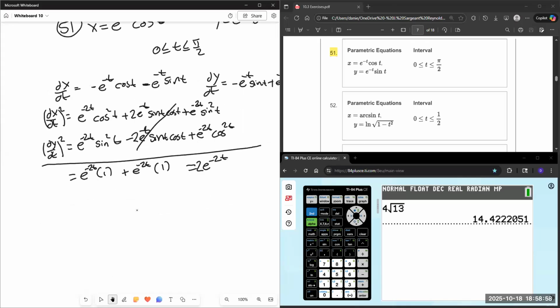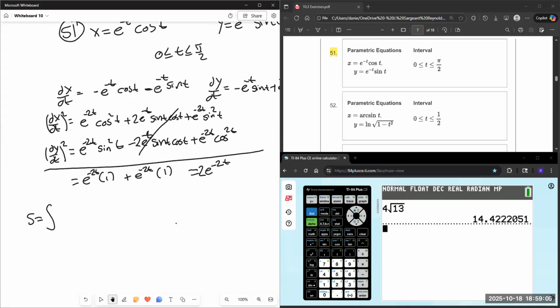So that's what's underneath my square root sign. S is from 0 to pi over 2, square root of 2e to the negative 2t dt.